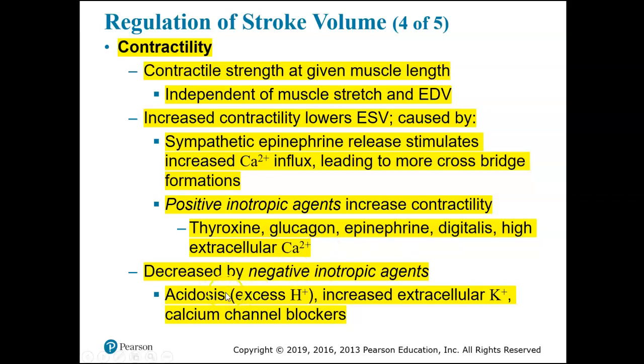What will decrease contractility is negative inotropic agents like acidosis, increased extracellular potassium, and calcium channel blockers.